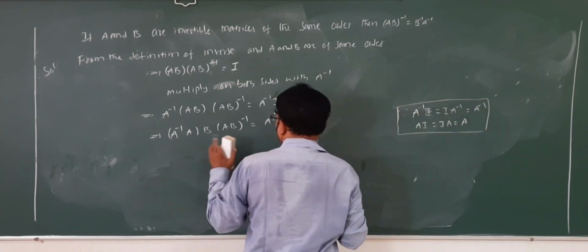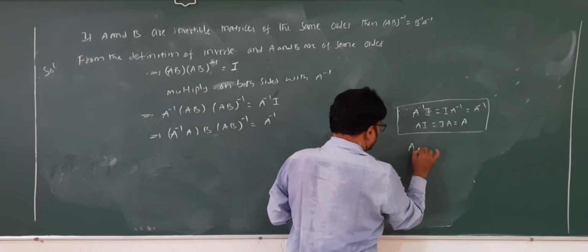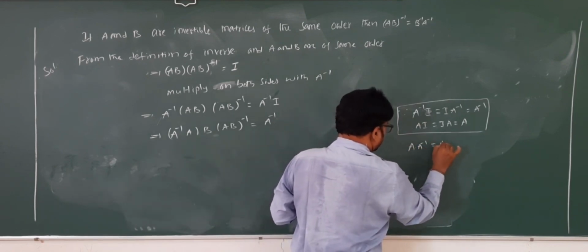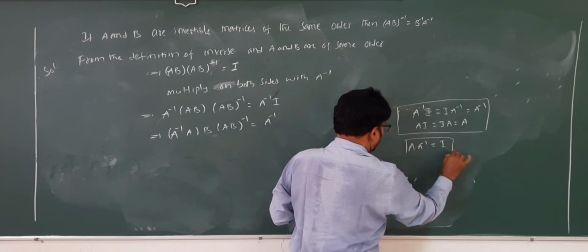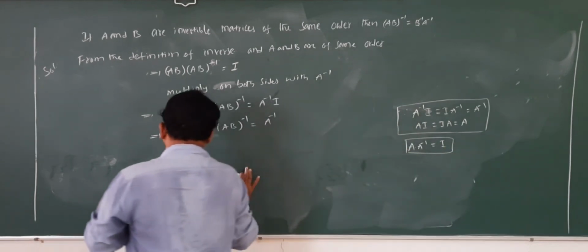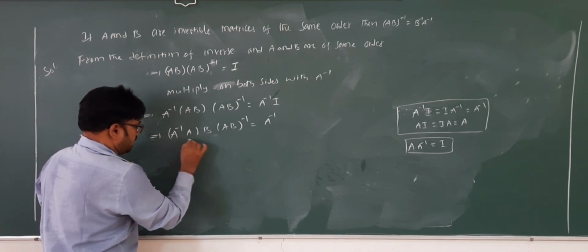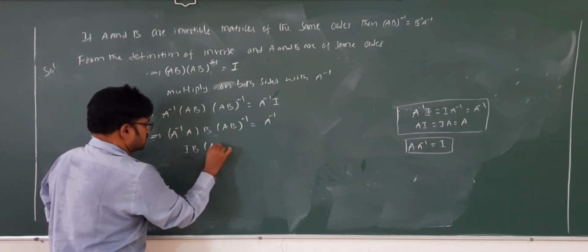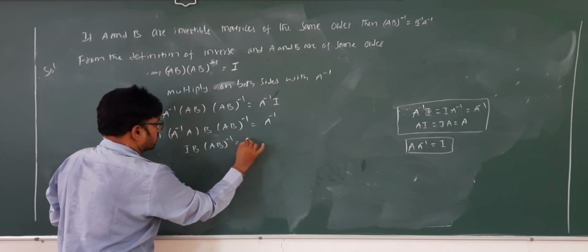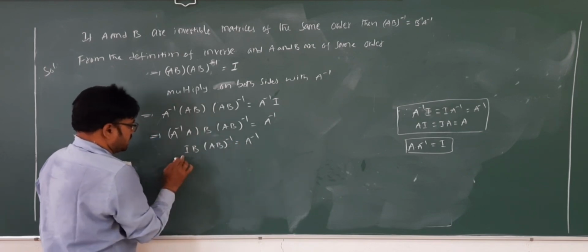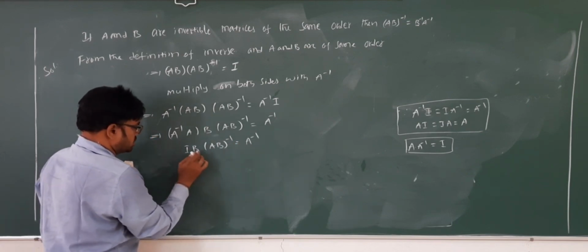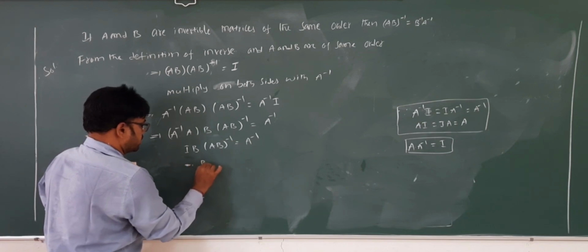That is nothing. And one more thing, one matrix and its inverse, we get the multiplication of these two as the identity matrix. Now here A inverse into A, we get I, so B into (AB) whole inverse equals A inverse. Again, identity matrix into this matrix, again we get the same.